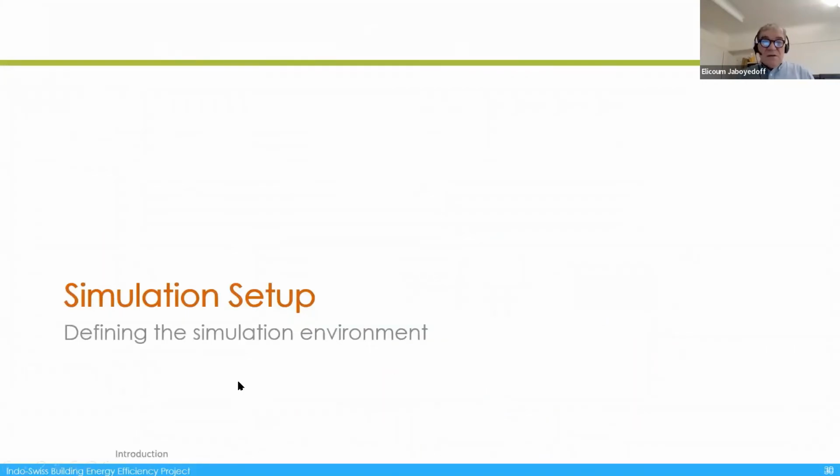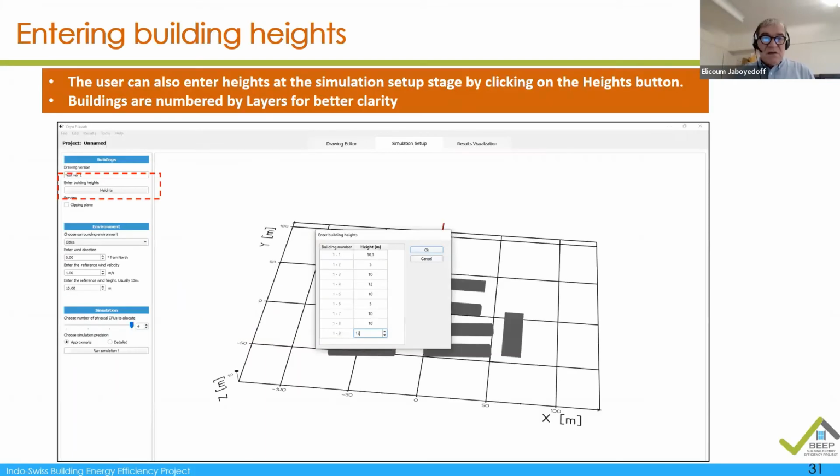So now that we have gone through, let's say, the basic understanding of the interface to import and create cases and their variation, we have to go to the simulation setup. The simulation setup is this tab, where you get different information.